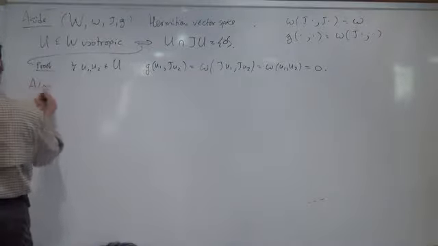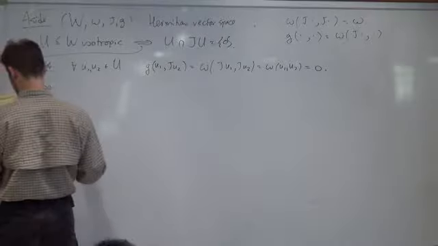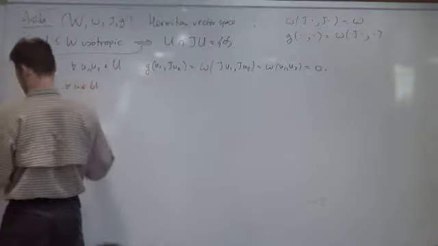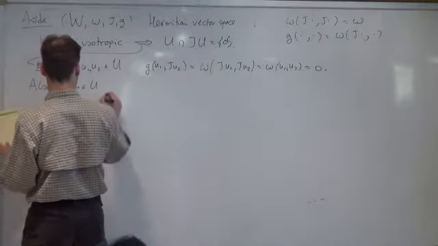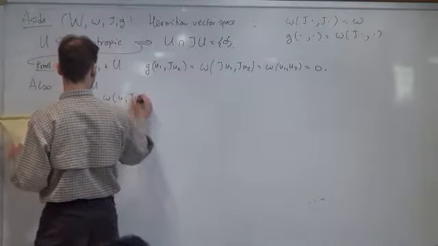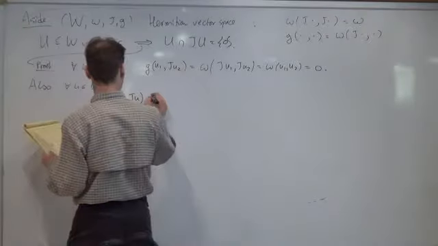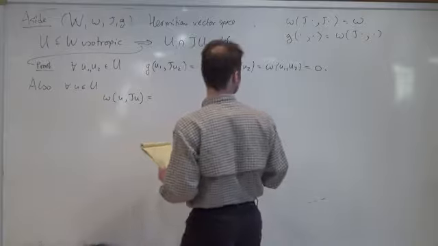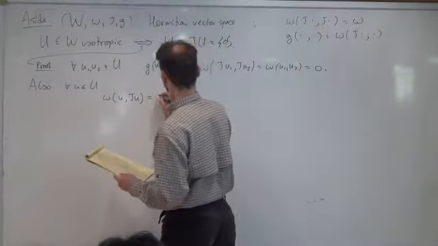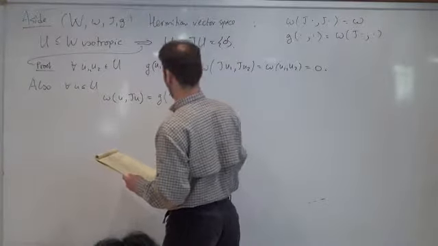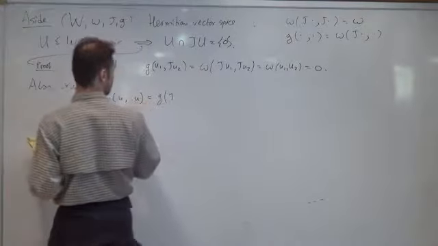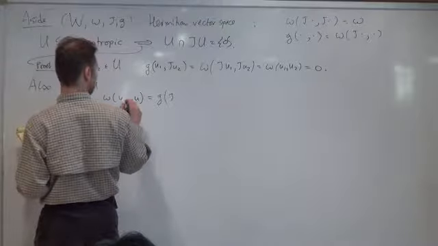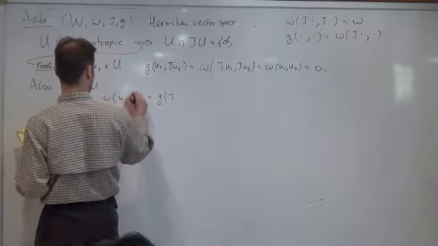Also, for any U, if I look at omega of U, JU, which way do I want to do it?